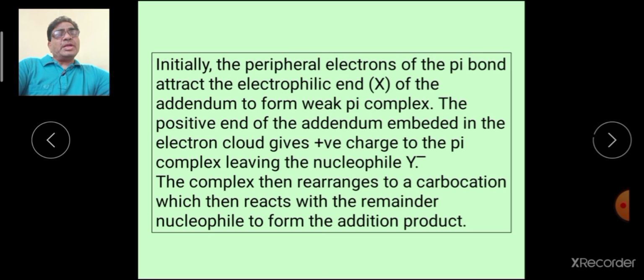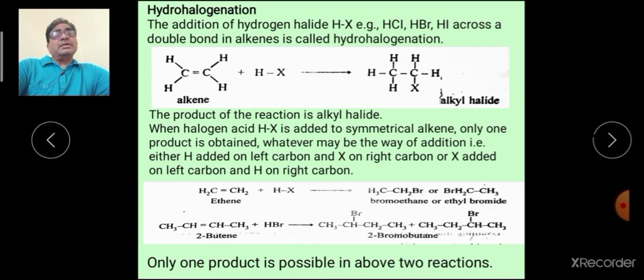The positive end is embedded in the electron cloud, giving a positive charge to the pi complex, leaving the nucleophile, that is Y minus. The complex then rearranges to a carbocation, which then reacts with the remaining nucleophile, forming the addition product.